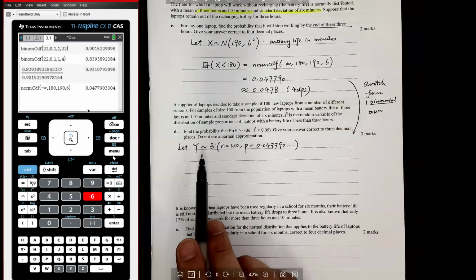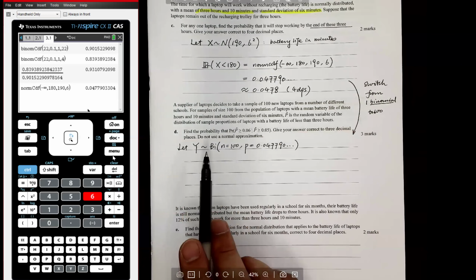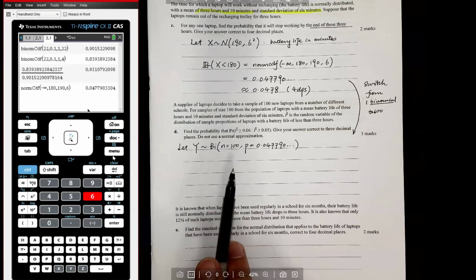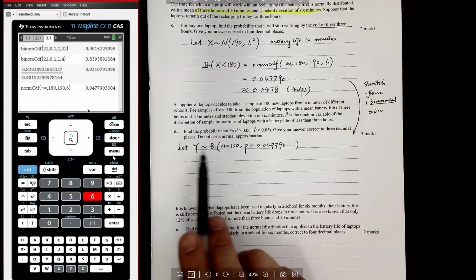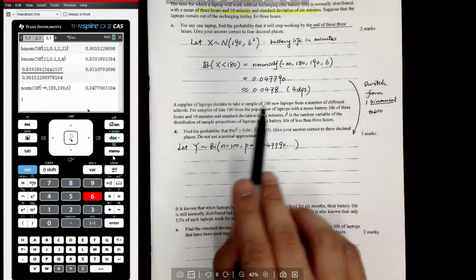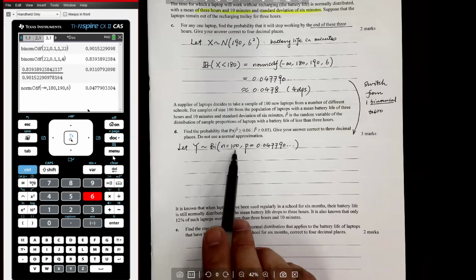Whether or not one laptop has a lifetime less than 180 minutes or greater than or equal to 180 minutes. So it's yes or no type: 0, 1, yes or no, big, small. So each individual variable is like a Bernoulli, and then add up 100, you get a binomial random variable.